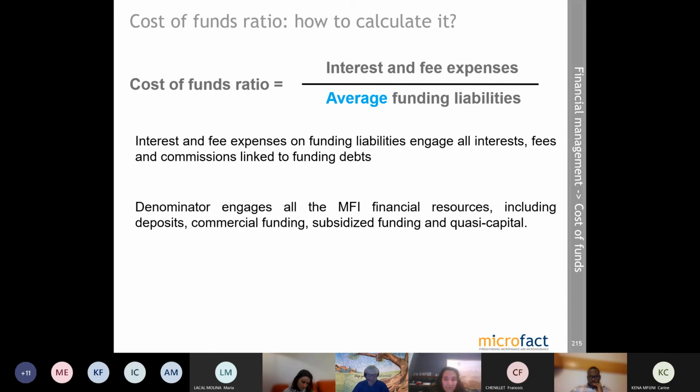Jannek, yes, of course, you know. How do you say this in English? Sorry, I have to find the word. I don't know it in English for the moment. But quasi-capital is that kind of loans that are considered as quasi-capital.